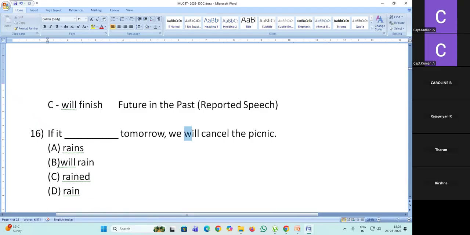And in the main clause, it is will cancel, simple future tense. So definitely in the if conditional clause, it should be simple present tense. It is third person singular. So what simple present verb should be there? Rains. If it rains tomorrow, we will cancel the picnic.